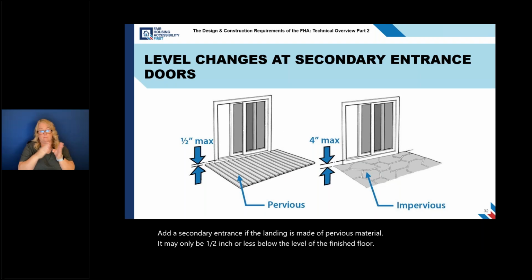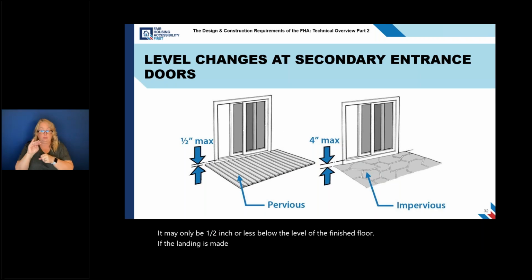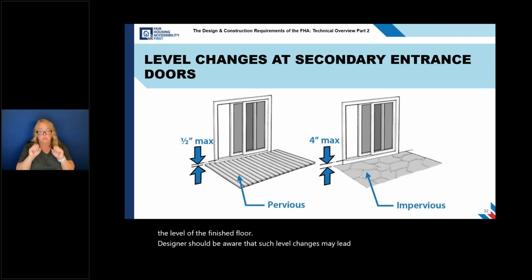If the landing is made of impervious material, it may drop a maximum of 4 inches below the level of the finished floor. Designers should be aware that such level changes may leave the deck, balcony, or patio inaccessible to persons with disabilities.